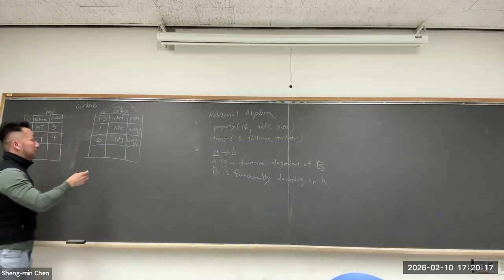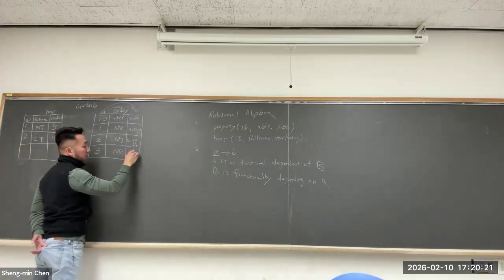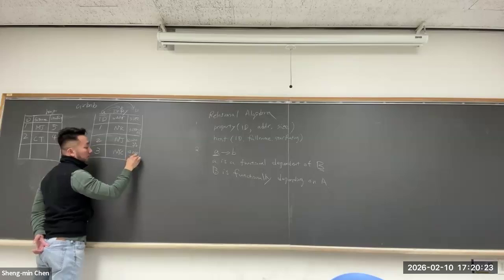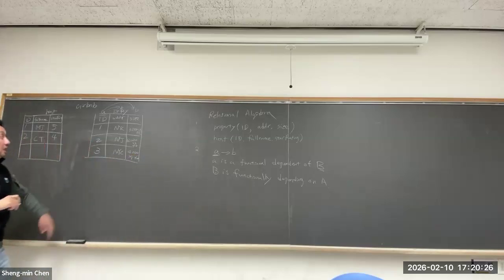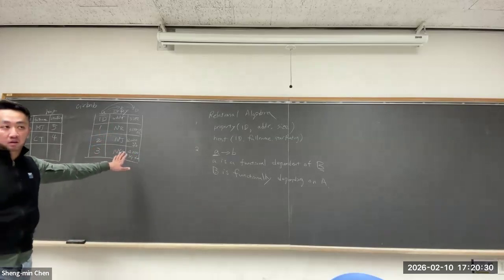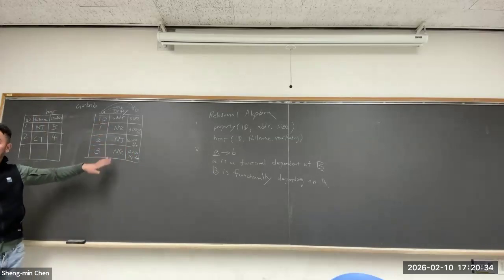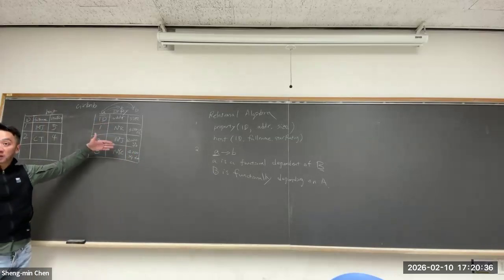Okay, for example, address is non-identifier. Sometimes it could be identifier, that's fine. But let's say in this case, just the city, right? The city can be redundant. It could be duplicated. It could happen multiple times.